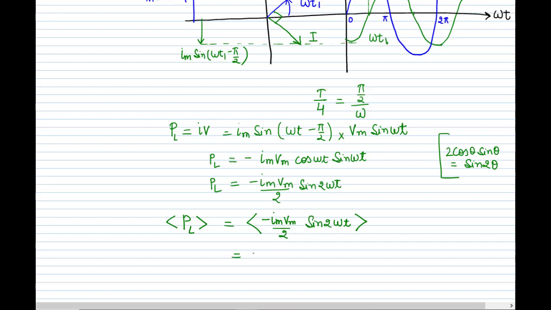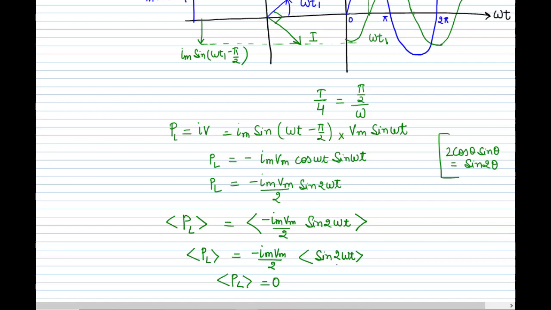So this is equal to minus Im Vm upon 2 and only the average of sin 2 omega t, because that is the only varying quantity. Average is always over the varying quantity because these are not changing. Maximum value is fixed, 2 is a constant. So whatever is varying is sin 2 theta. If you take the average of sin 2 theta over a complete sine cycle, that is always 0. That means the average of the power is always 0.